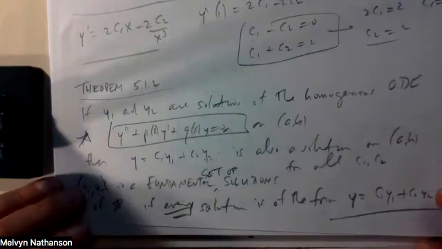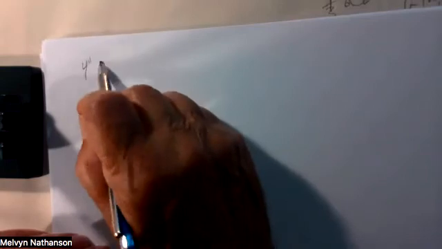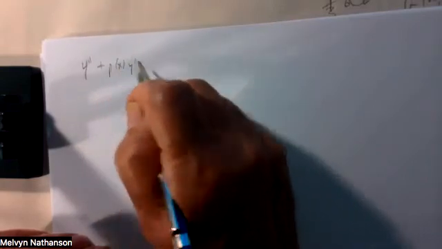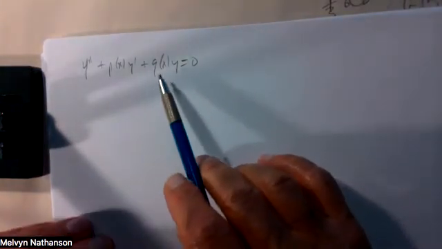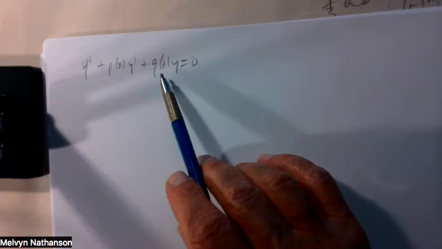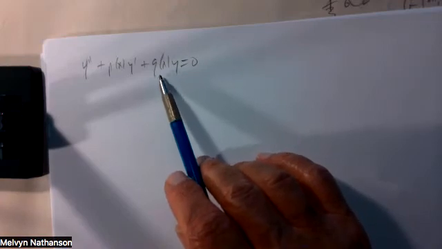Now, here's our y double prime plus p of x y prime plus q of x y equals 0. This is our homogeneous linear second order equation.